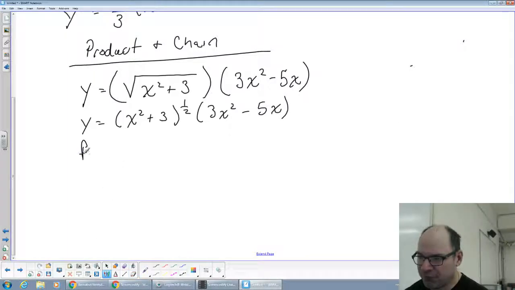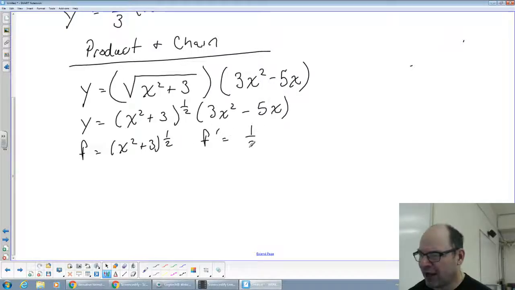Okay, so f was equal to x squared plus 3 to the power of 1/2. f prime would then be 1/2 of this whole expression. Okay, and then we got to subtract 1 so that we get to the power of negative 1/2.